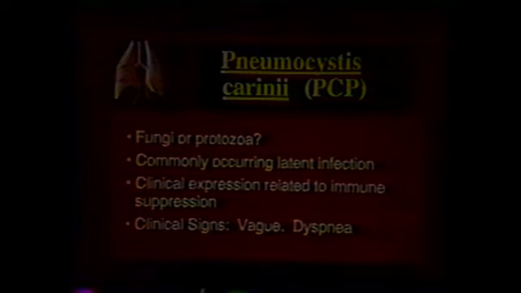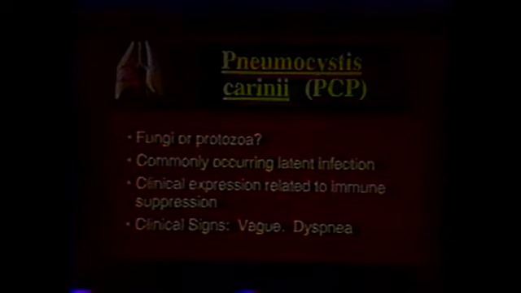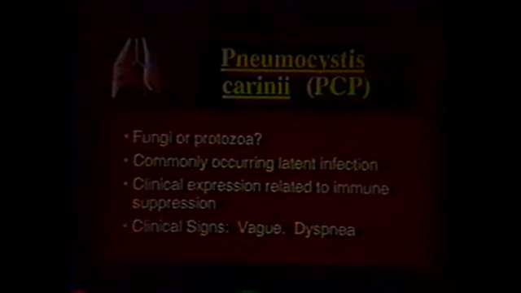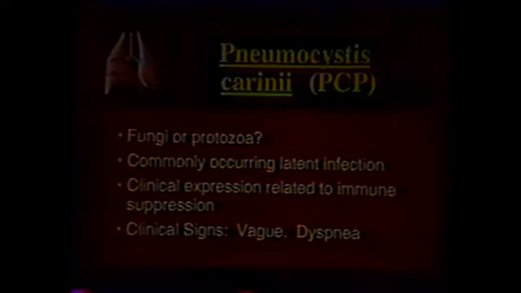Okay, mycotic and parasitic diseases, which will be the next consideration, and the first one I'd like to talk about is so-called Pneumocystis carinii, and it's nice that I've lumped mycotic and parasitic together because there seems to be some controversy about whether pneumocystis is a fungus or a protozoal parasite.